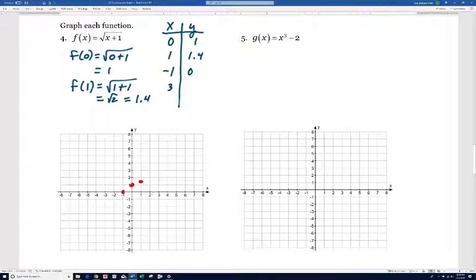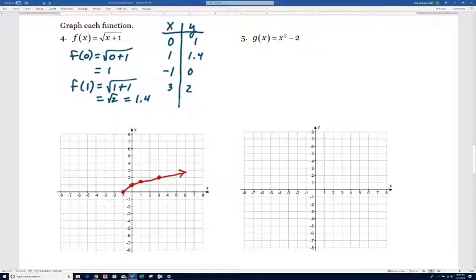And so the square root of 3 plus 1 is the square root of 4, which is 2. So 3, 2 is on the graph, and in fact the function looks like that. And I call this the ET function. You can see how it's like the ET long finger starts at a certain point and goes off to the right, in this case.